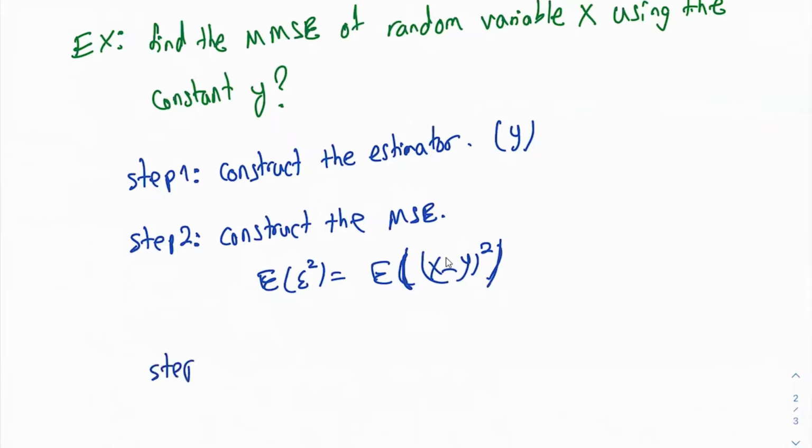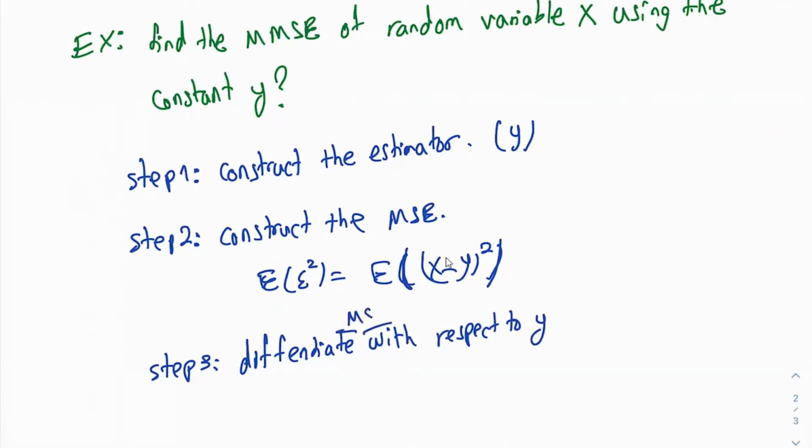Step 3. So we want to find the optimal y, right? Differentiate the MSE with respect to y, since you want to find the optimal y, and set it to 0.